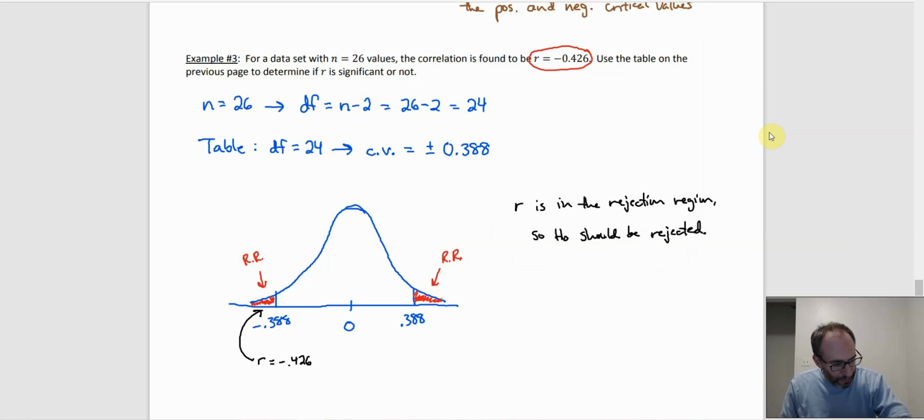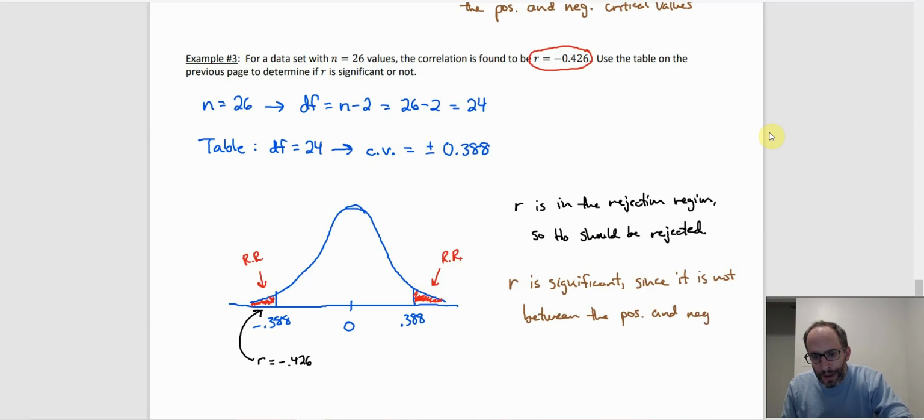That we can say that R is significant since it is not between the positive and negative critical values.